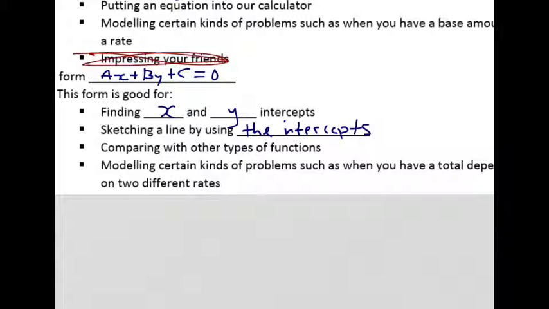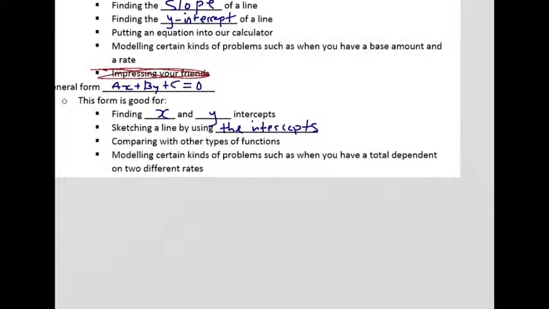It's handy for comparing it to other types of functions, which will be useful for you definitely next year. And it's also good for modeling certain kinds of problems where specifically you have a total dependent on 2 different rates. So just the problem we did with the 2 types of concert tickets that you can buy. It was $8 in advance, $12 at the door for a total of $11.20. That's a problem that would be modeled best by something in general form.